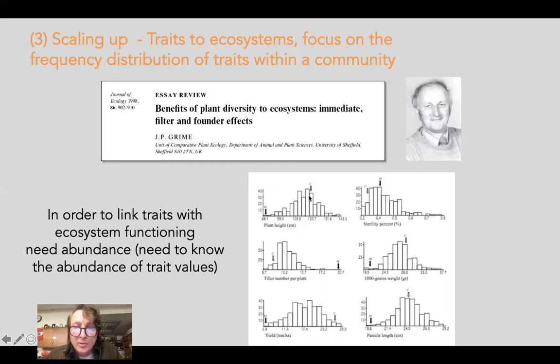According to Grime, what you want to identify for linking traits to ecosystems is the most frequent trait value. That is, we want to know the height that is the most dominant, or the seed mass that's the most dominant, if we want to make these linkages with ecosystem functioning. There are theoretical reasons why we want to do that, but we can save that for another time.